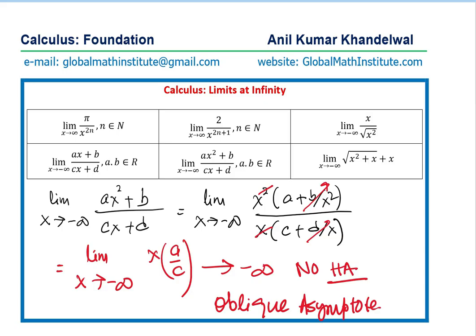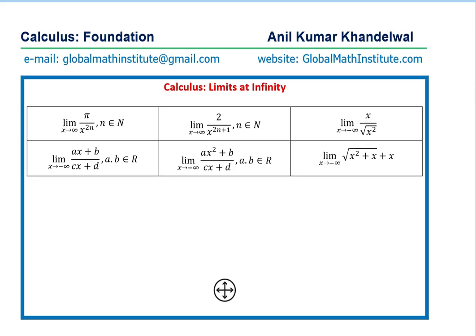Okay. Now let's take up the last question, which is kind of tricky. In this question, we have the limit as x approaches minus infinity of square root of x squared plus x, plus x.